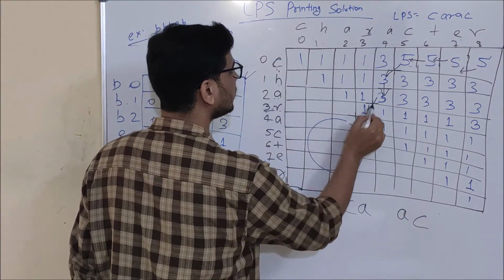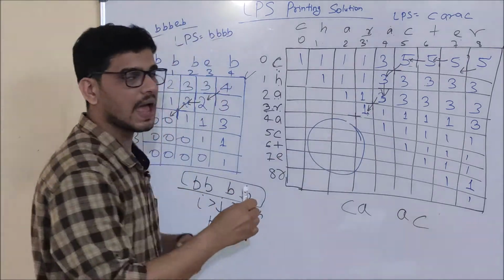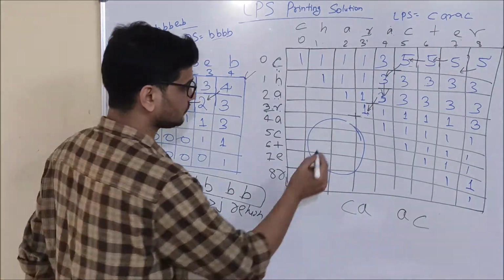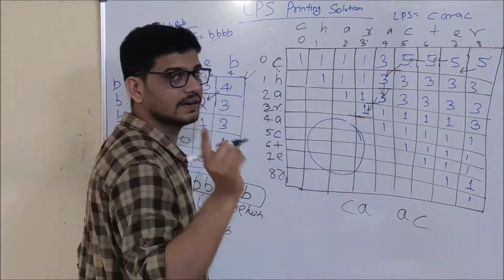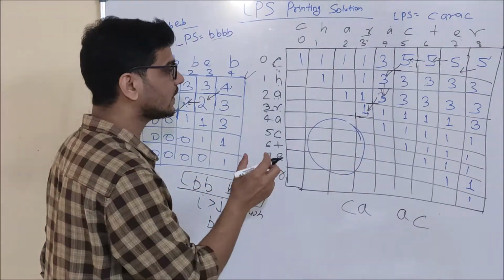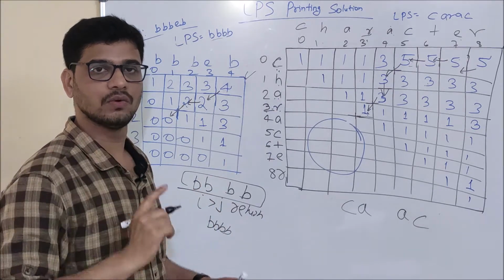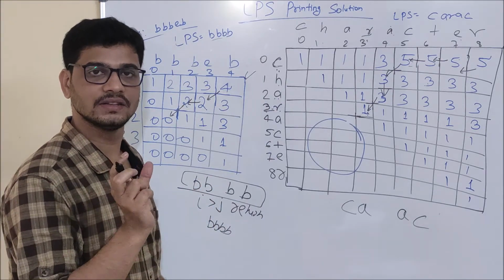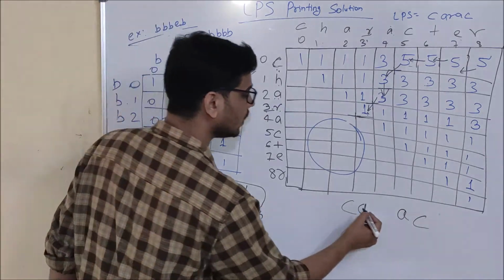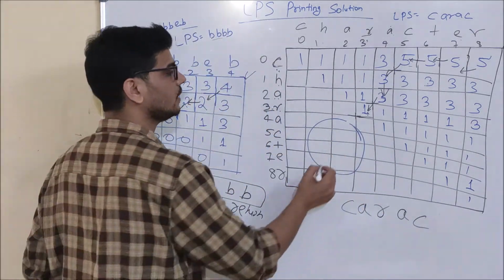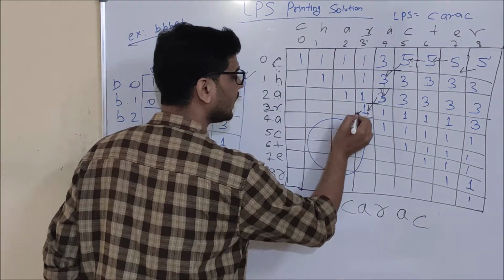Here it is R, here it is R. But my I and J are equal, that is, this one is the diagonal element. And if I and J are equal, I have only one character, that is a one length palindrome. So I will print only one character here. And after printing, we will move to the diagonal.